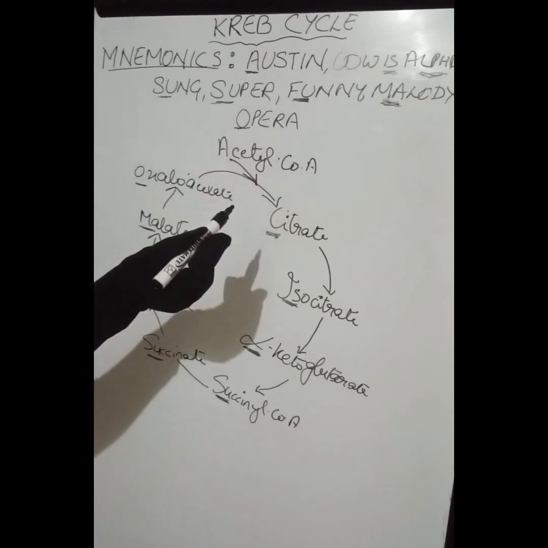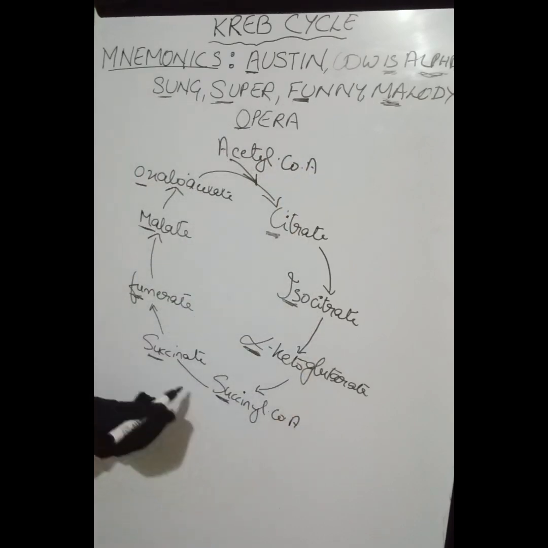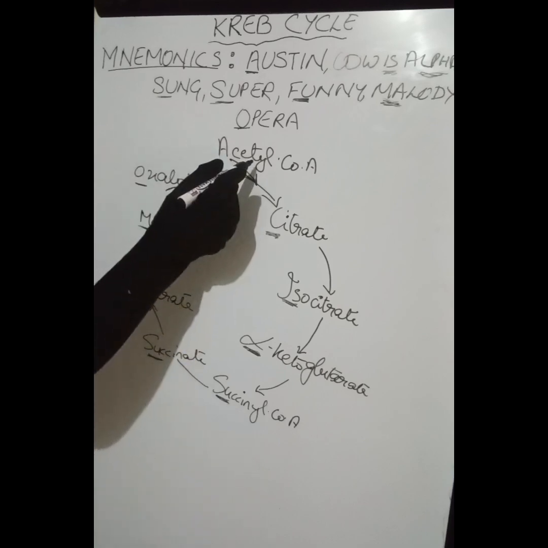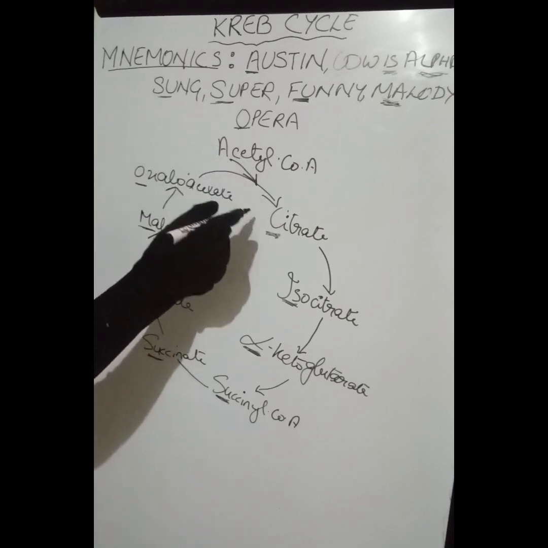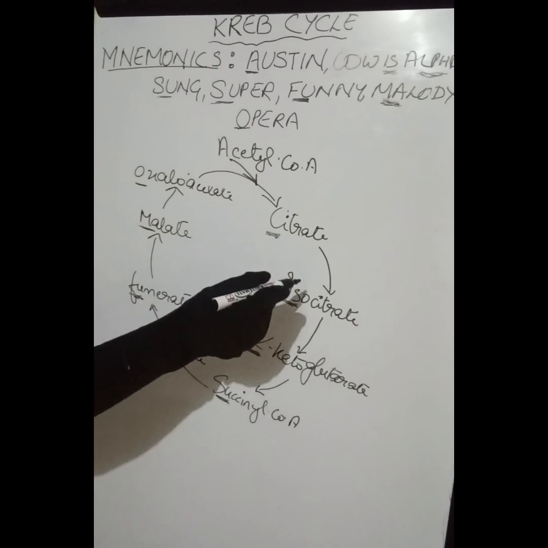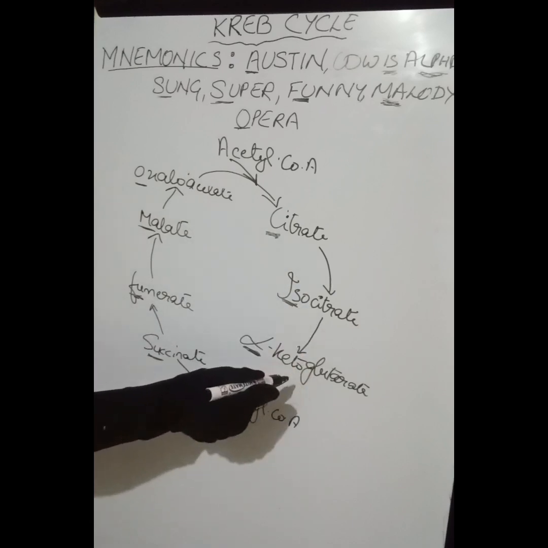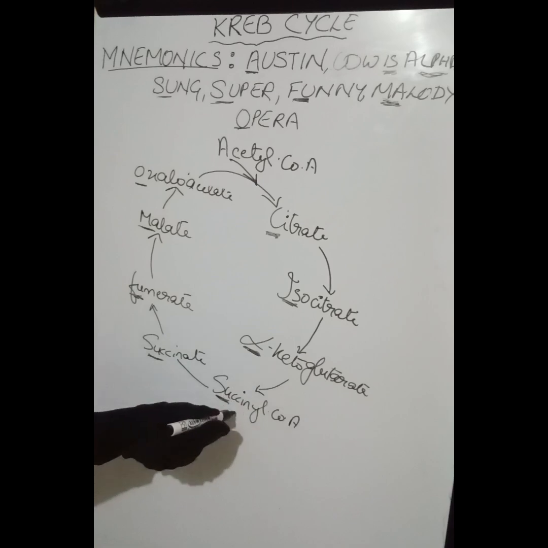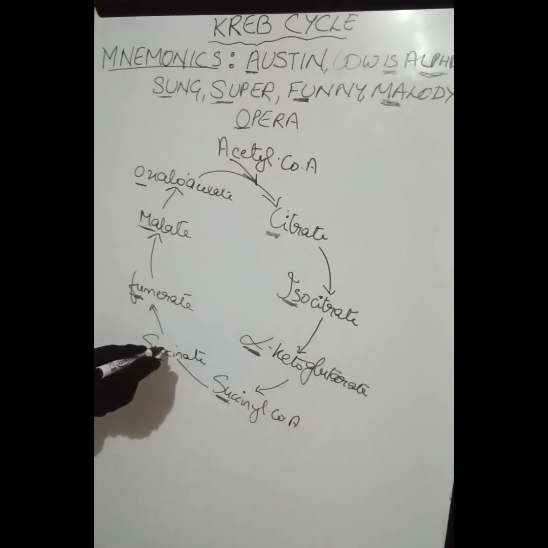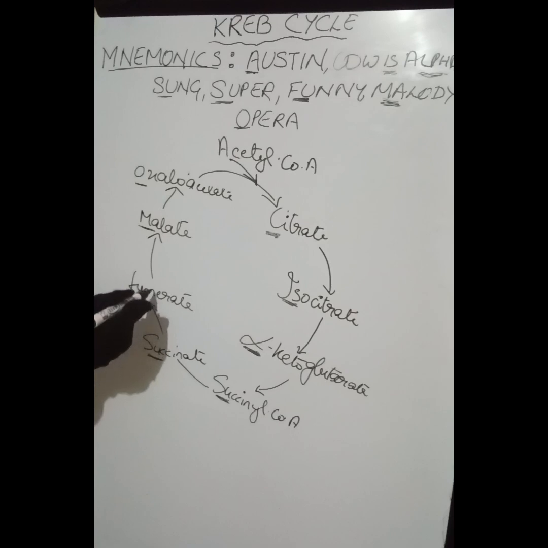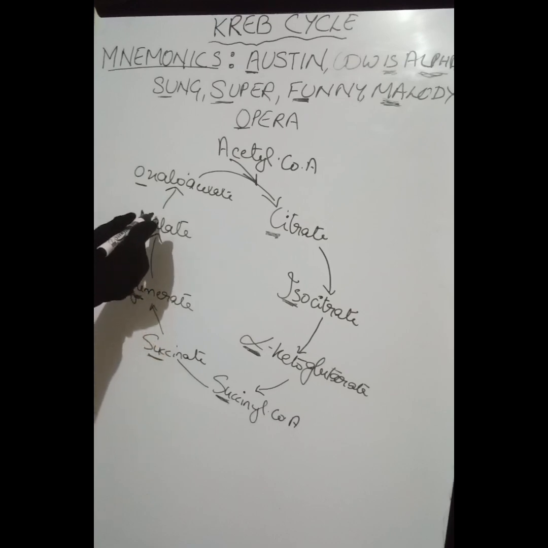Simple. Austin cow is alpha, some super funny melody opera. If you remember this, you remember the entire pathway where acetyl-CoA enters the citric acid pathway, where citrate converts into isocitrate, isocitrate to alpha-ketoglutarate, alpha-ketoglutarate to succinyl-CoA, succinyl-CoA to succinate, succinate to fumarate, fumarate to malate, malate to oxaloacetate.